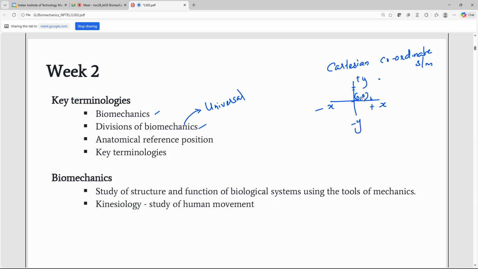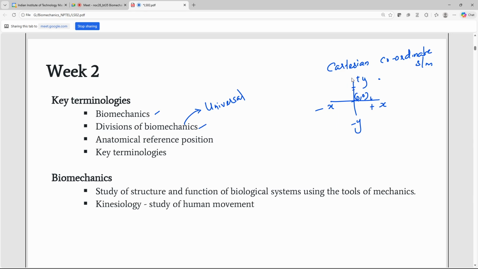In the Cartesian coordinate system, the reference point is the origin point, and the reference axes are the x and y axes. Any point or any line or any geometry, any shape in this plane, we can fix its position using these axes and points. So this is a reference.